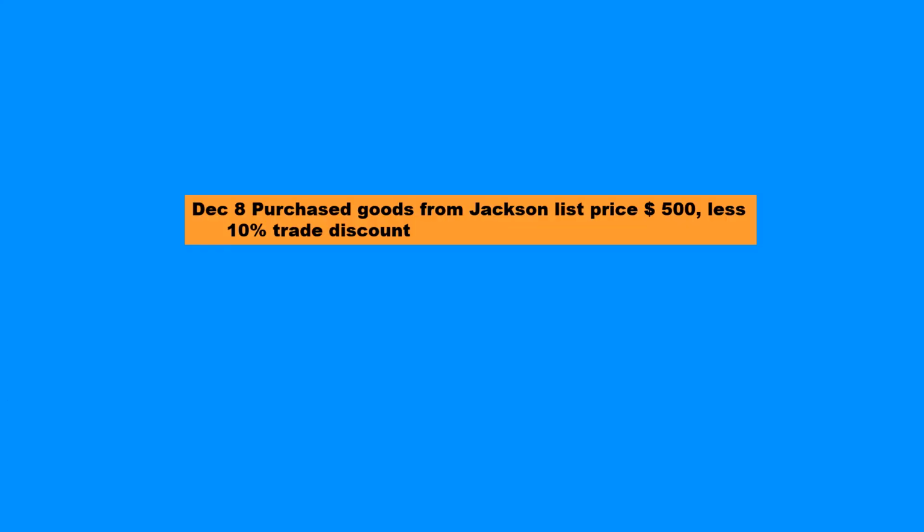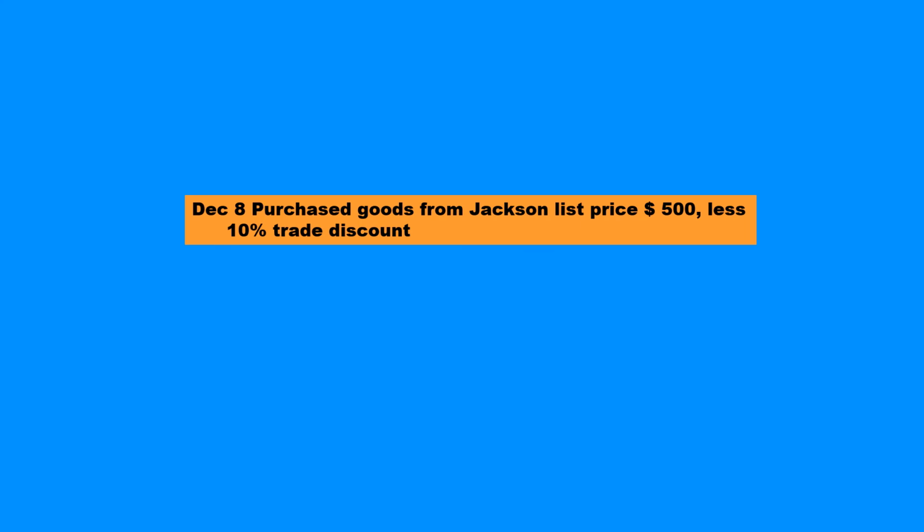Let us look at one example involving purchases. What we've seen so far is examples involving sale of goods to credit customers and return of goods from credit customers. Now let us look at purchase of goods from credit suppliers.